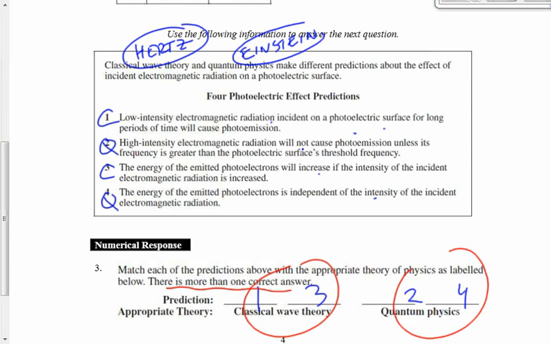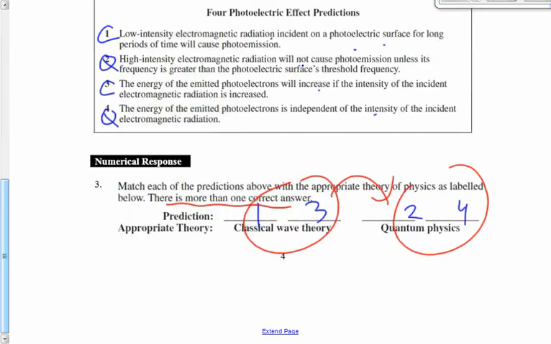There was a couple people in the last class that I marked wrong that were right, that said 3, 1, 2, 4. All of those work out. You just can't put 3 over here in quantum physics or 4 over there in classical physics. The order of them is okay within these circles, but just outside of the circles they have to be the same.